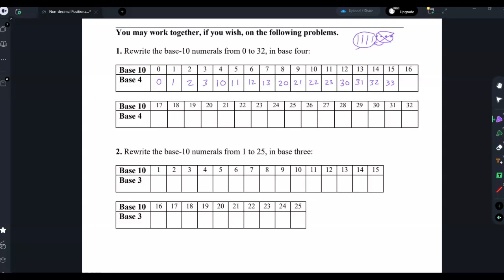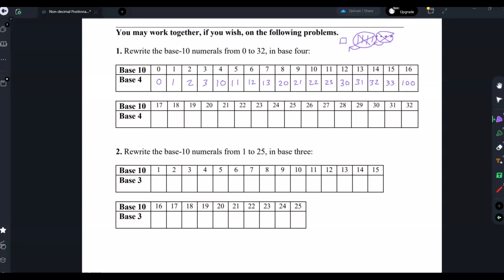So these 4 rods now get regrouped as a flat, or a group of 4 squared, or 16. So this goes over to the next place value. Now I have one group of 16, 0 rods, 0 units. So 1 flat, 0 rods, 0 units, or one group of 4 squared, 0 groups of 4, and 0 ones.